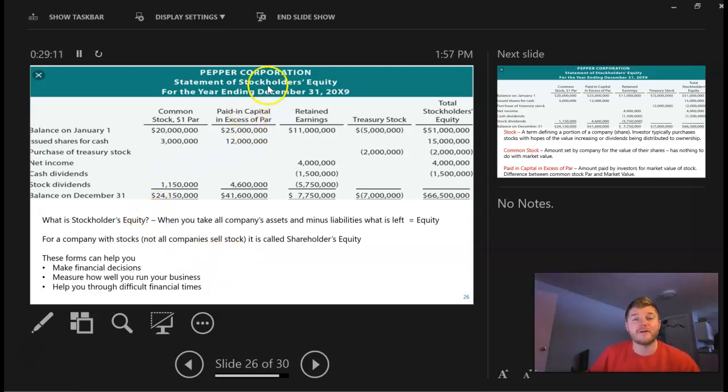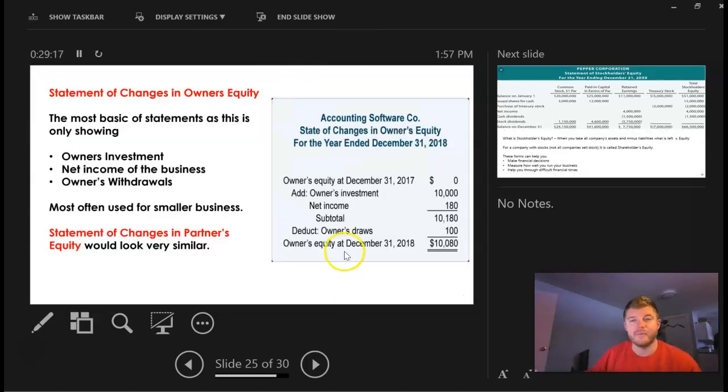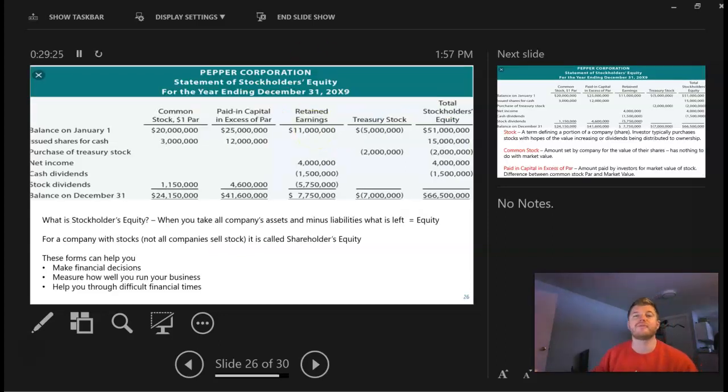So this is a stockholders' equity or a shareholders' equity, so similar. This is the one that you would have used for an owner's equity or a partner's equity, perhaps. This is the one that you use for stockholders or shareholders, just meaning it's a public company and a lot of people own a little piece of the pie.